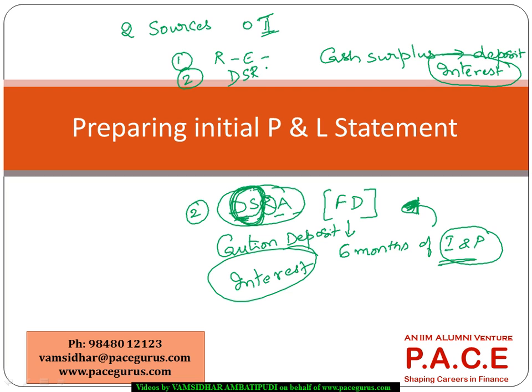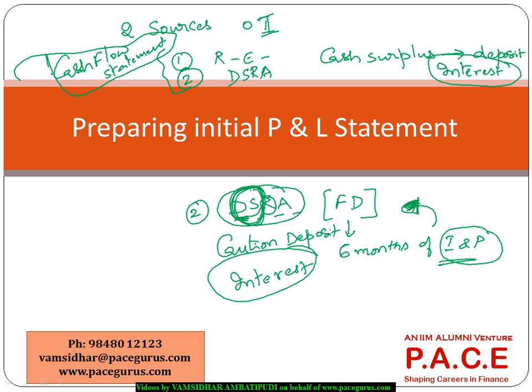So basically the other income will come from two sources, but of course these two sources will be known to us only when I prepare a cash flow statement. Only after I prepare a cash flow statement can I talk about the cash surplus or the cash deficit.